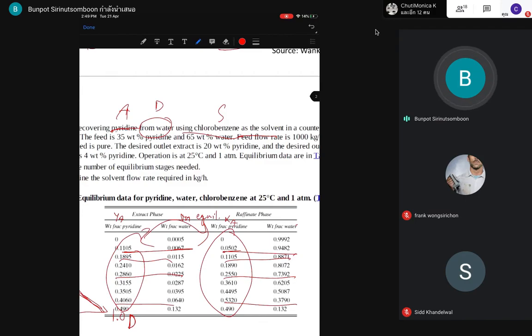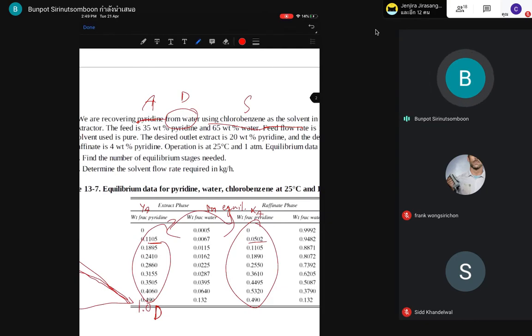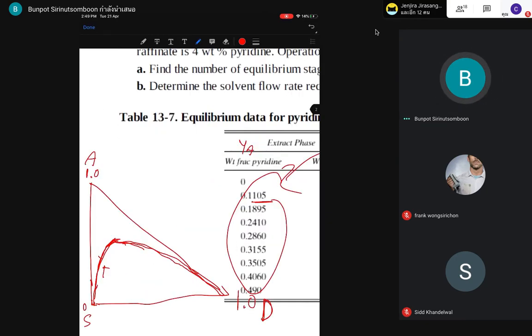So from this information, I can use them to draw the tie lines. It's going to be maybe something like this, something like this, something like this.